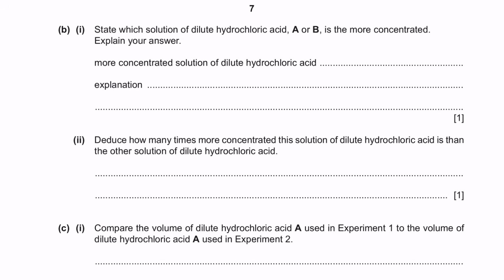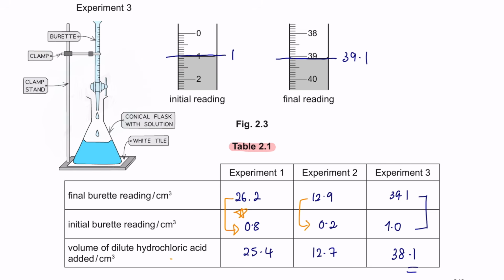Question B, part 1. State which solution of dilute hydrochloric acid, A or B, is the more concentrated. Explain your answer. So in experiment 1, we were using hydrochloric acid A, and in experiment 3, it was hydrochloric acid B. The only difference between 1 and 2 is that we were using a different kind of indicator.